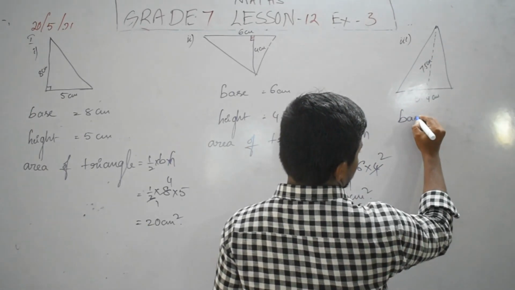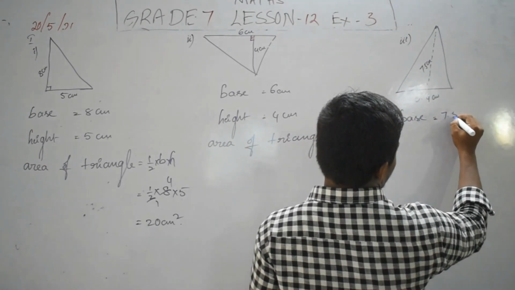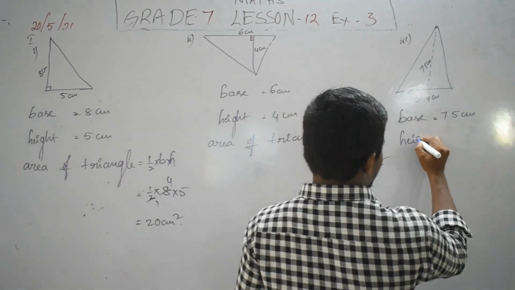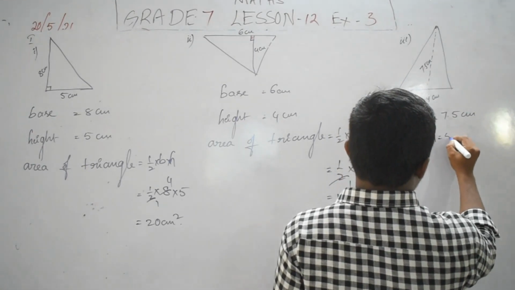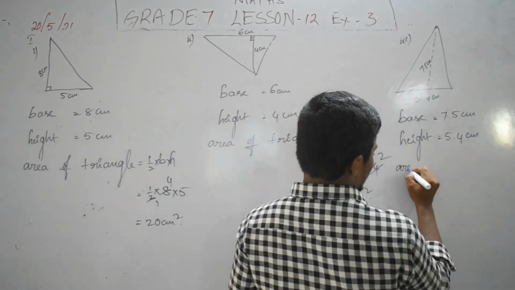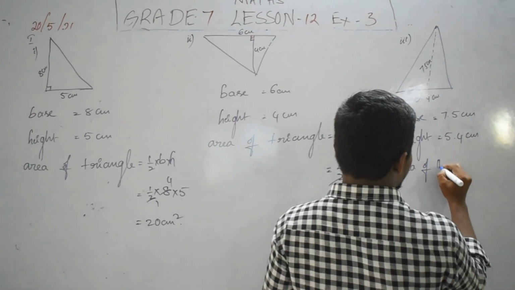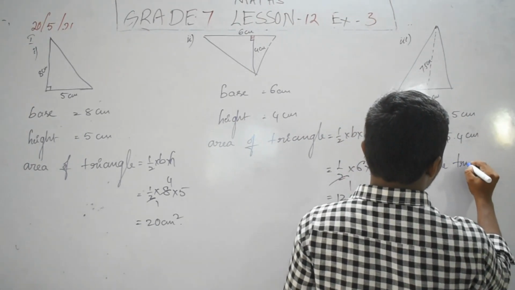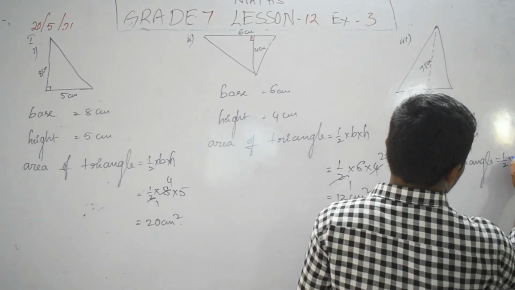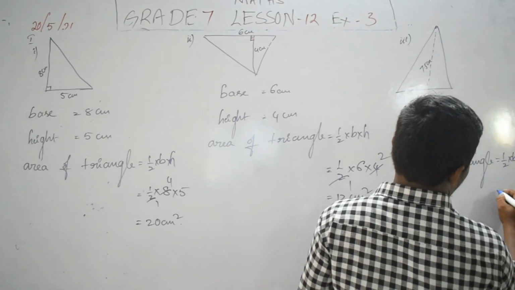Now base equals 7.5 centimeters, height equals 5.4 centimeters. Now area of the triangle equals half cross base cross height.